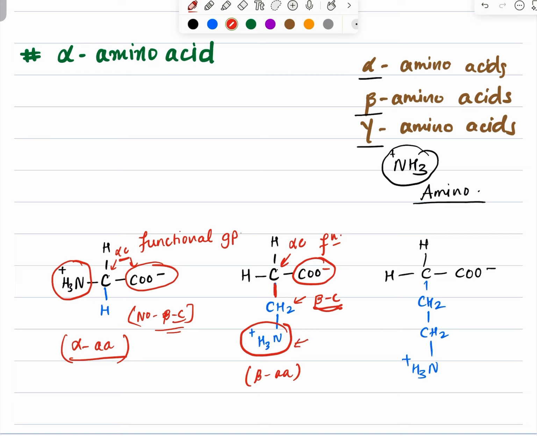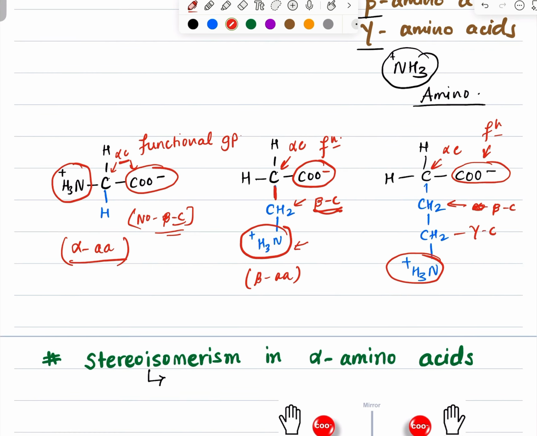Here comes the third example, having a carboxyl group attached to the first carbon, called the alpha carbon. This is the beta carbon and this is the gamma carbon. Your amine group is attached to the gamma carbon, and that's why they are called gamma amino acids.